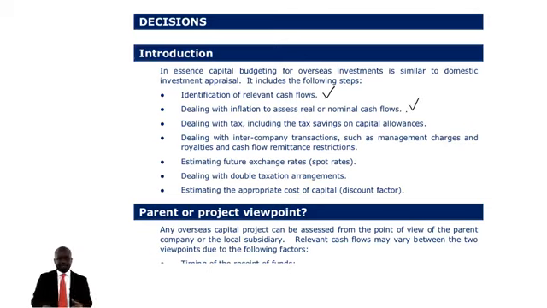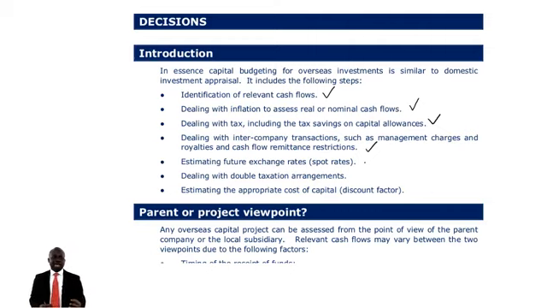Whilst you are generating the cash flows, you have to deal with inflation, which will bring nominal and real issues. Deal with tax and tax savings on capital allowance in the country in which the project is supposed to be undertaken. Also deal with intercompany transactions like management charges, royalties, and cash flow remittance restrictions, which we'll have a look at. And then estimate the exchange rate.